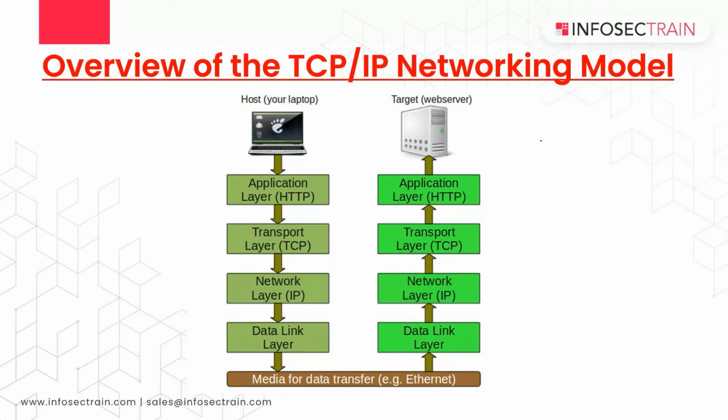In the OSI model, all the layers are separate, so it's easier to understand how the network is working and how the data is getting transmitted. So whenever troubleshooting happens, in which layer the problem exists is found using the OSI model. We cannot find it using the TCP/IP model.